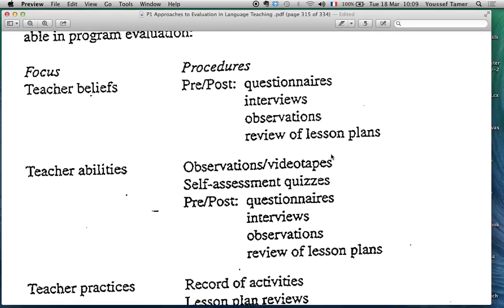For example, if your focus is on teachers' beliefs, the procedures you should use are pre-post questionnaires, interviews, observations, review of lesson plans. So you see, there are procedures for each type of focus. If you focus on teachers' abilities: observations, videotapes, self-assessment quizzes, pre-post questionnaires, interviews, etc.